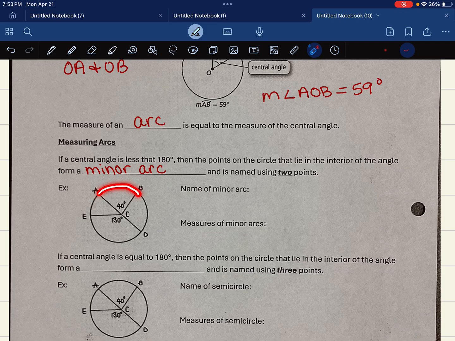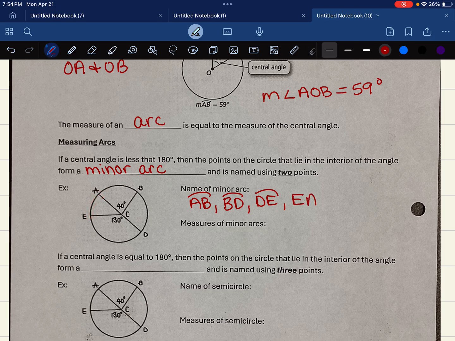So our first arc we would call arc AB, and we just put that little arc symbol over the top. Another arc that is less than 180 degrees would be arc BD. Next to that, we would have arc DE. And the last arc would be arc EA. So that is the name of the arc.